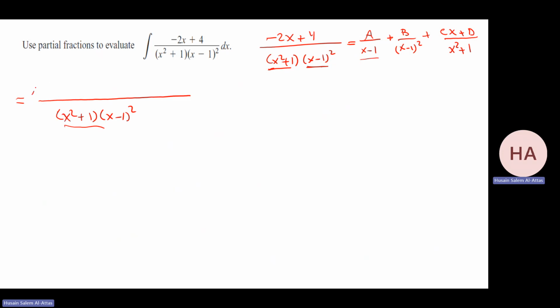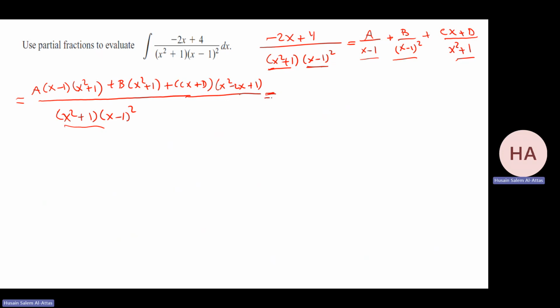This is multiplied by A, so I have A(x minus 1) times (x squared plus 1). By this, I'm getting B(x squared plus 1). By this one, I'm getting plus (Cx plus D) times (x minus 1) squared, which is x squared minus 2x plus 1. Now let me do the calculation.